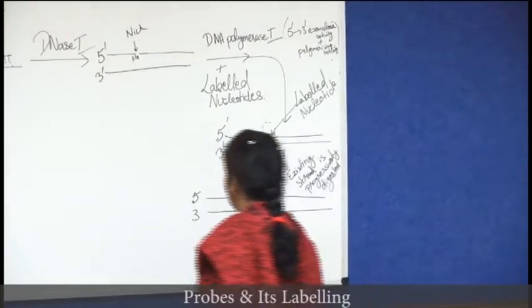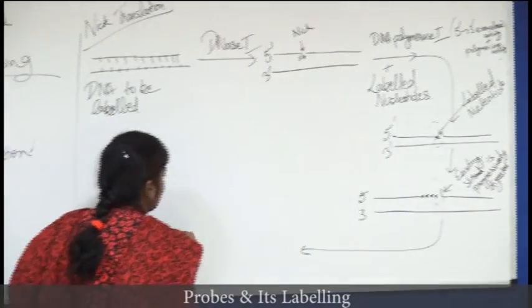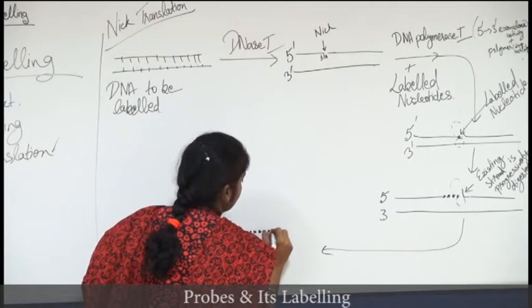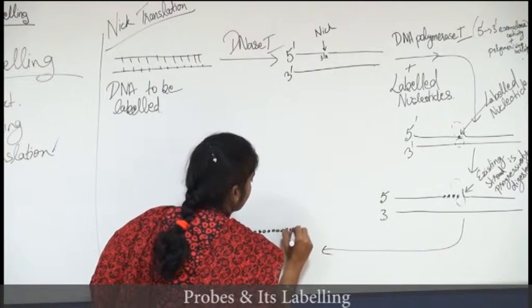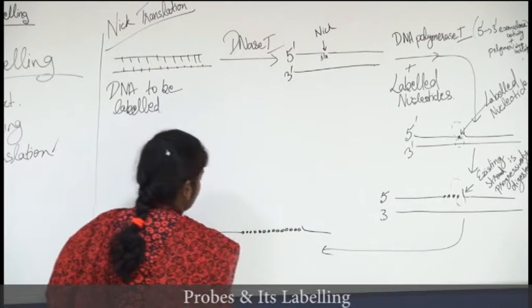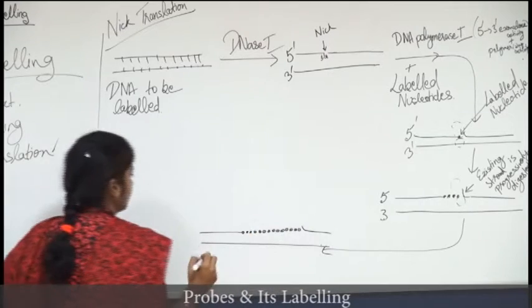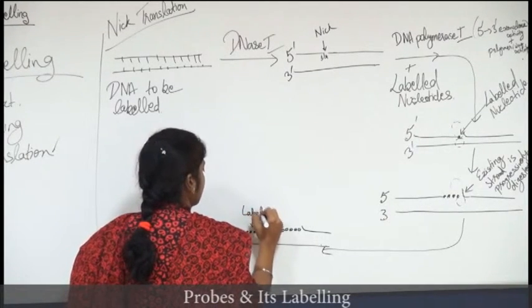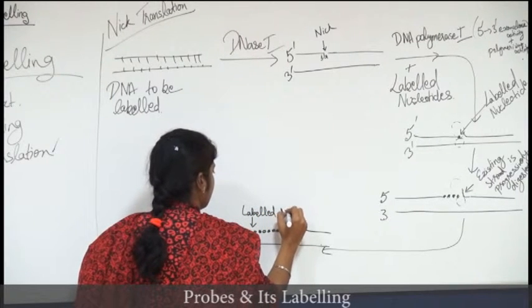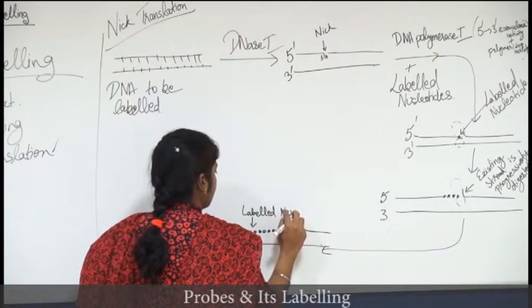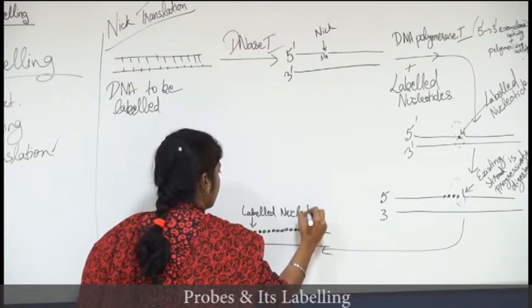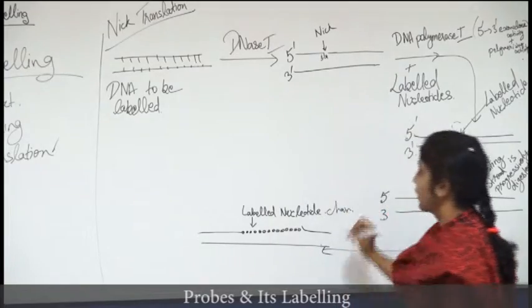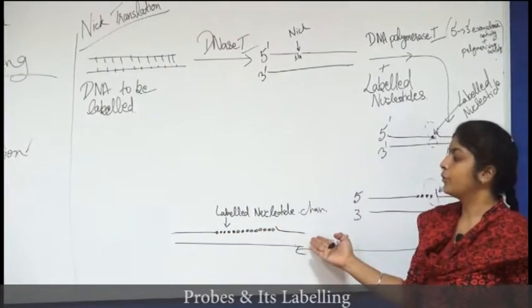So, this process continues, and after a certain time period we get a chain of labeled nucleotides.